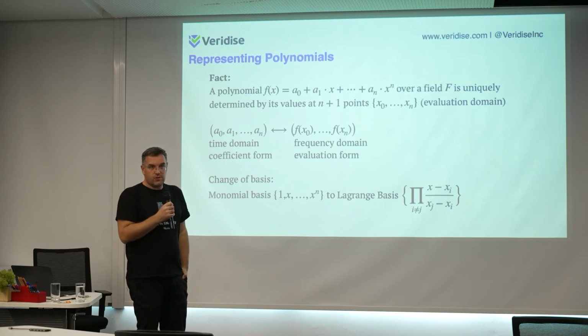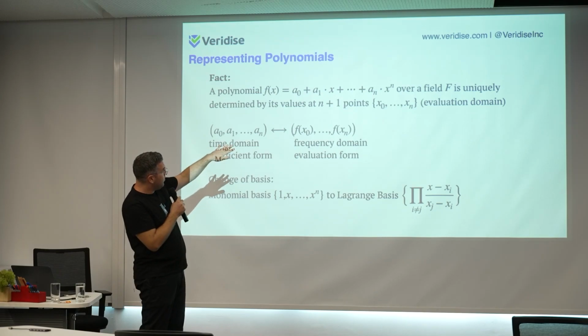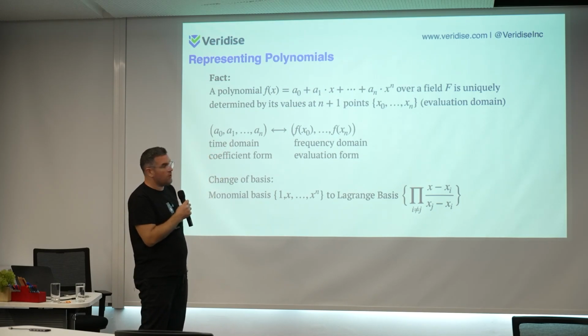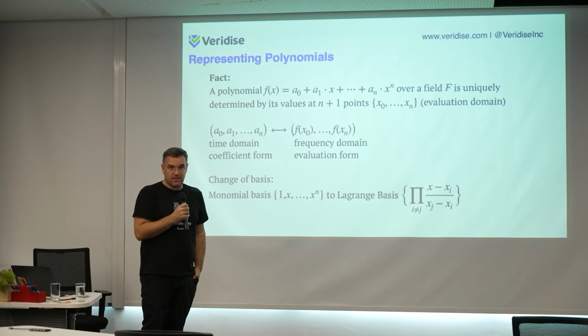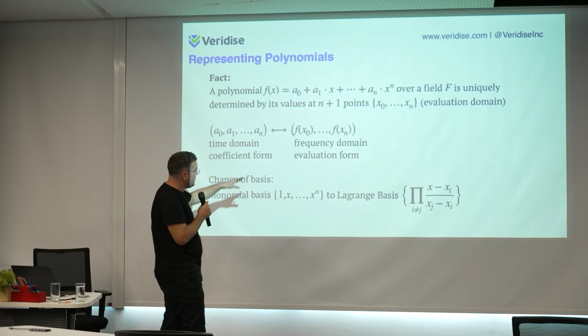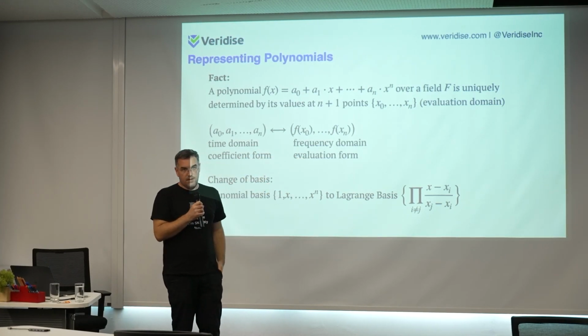But what you could also do is use the fact that a given polynomial of degree n is uniquely determined by its value at n plus 1 different points. If you know the evaluation of the polynomial at n plus 1 different points, you can uniquely pin down what the polynomial is. So the idea is, let me just store the value of the polynomial at n plus 1 predetermined points.